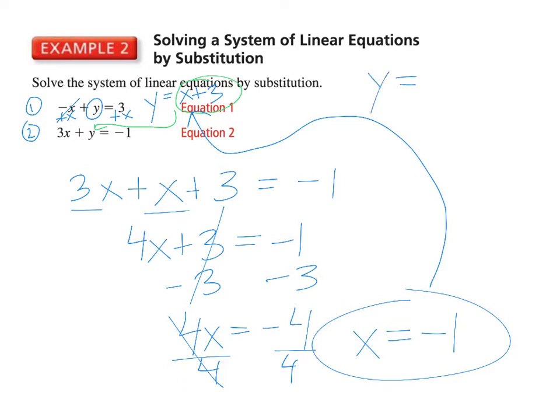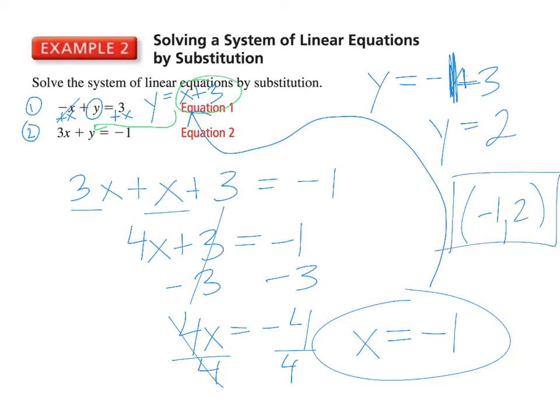So I have y is equal to negative 1 plus 3, which is 2. So my answer is negative 1, 2. Once again, if I were to graph these two equations on a coordinate grid, they would intersect at this point. All right, on to the next example.